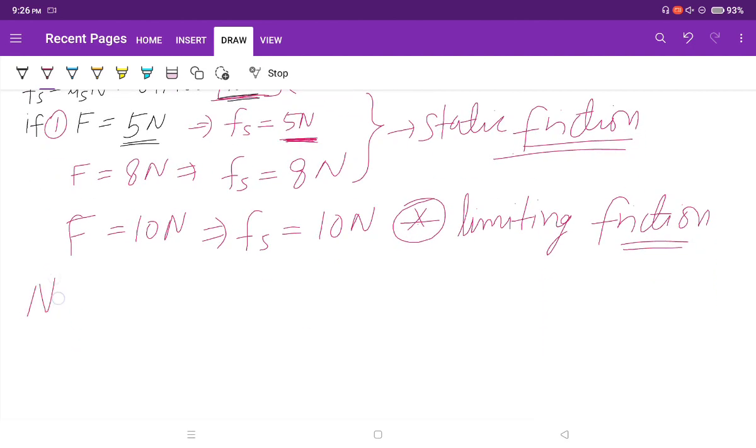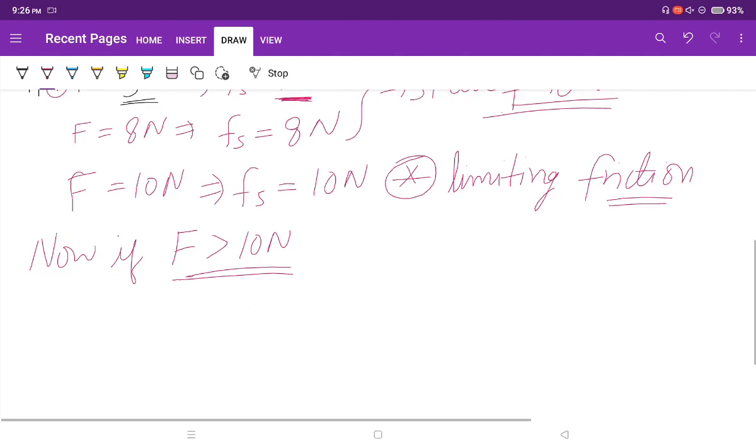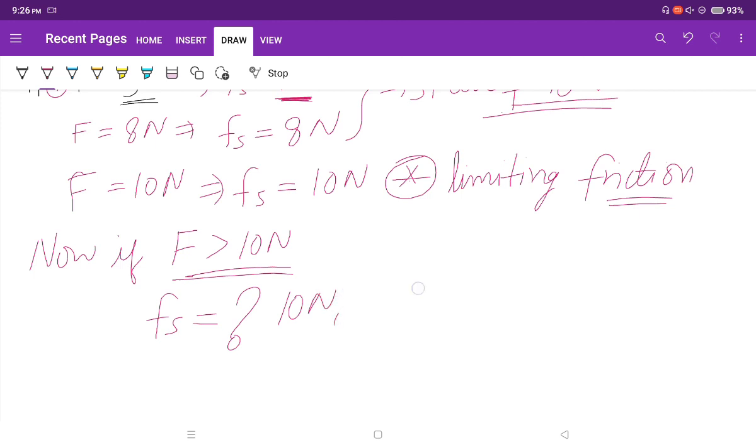Now if F is greater than 10 newtons, if I apply any force greater than 10 newton, what will be the value of Fs here? Is it 10 newton? Is it greater than 10 newton or is it less than 10 newton?